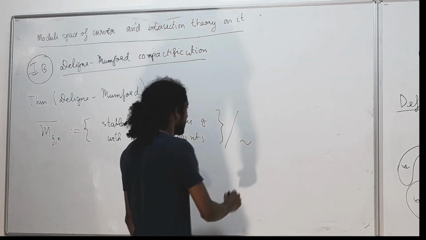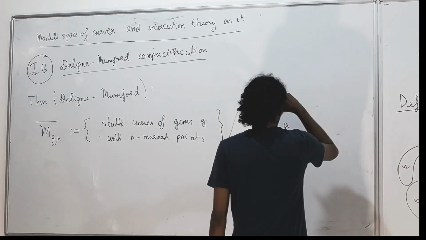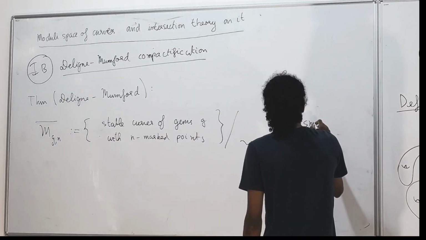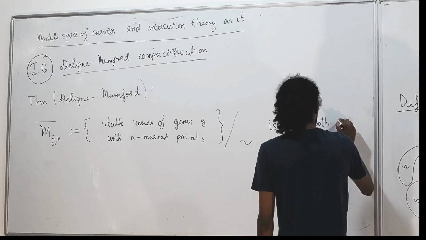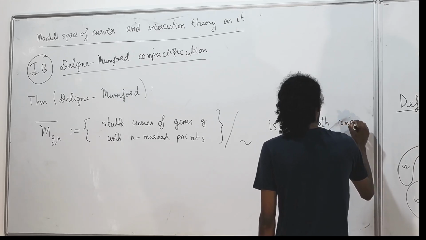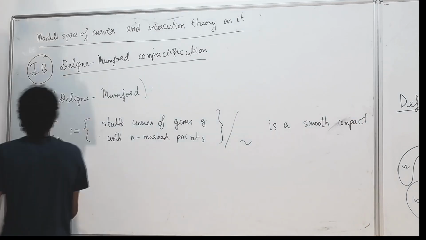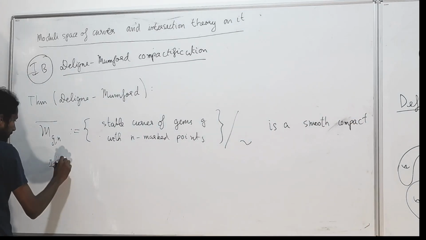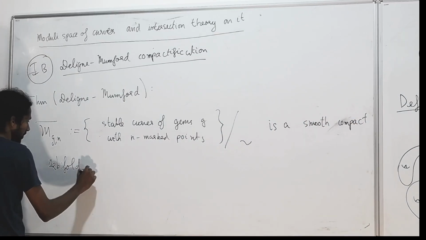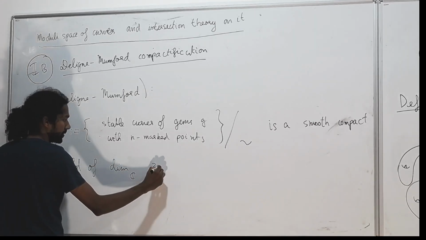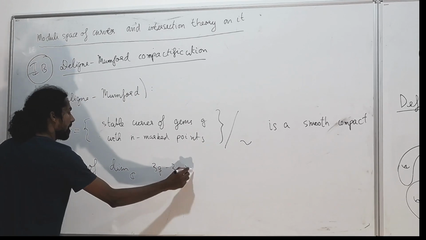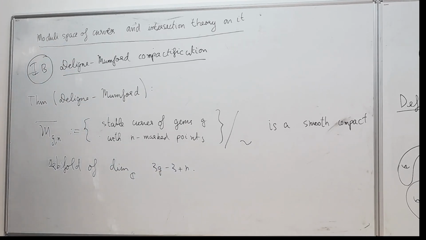This thing is a smooth compact orbifold of complex dimension 3g minus 3 plus n. Okay.